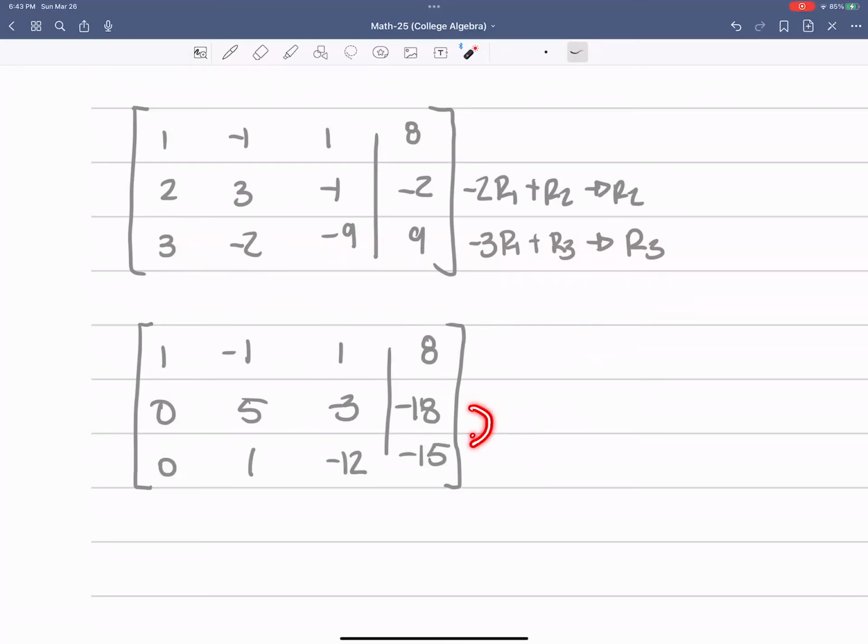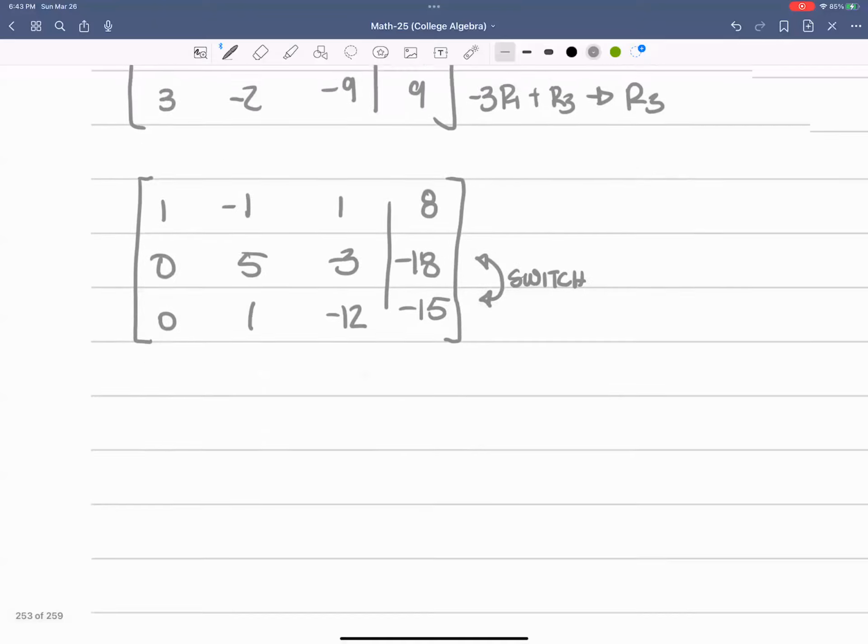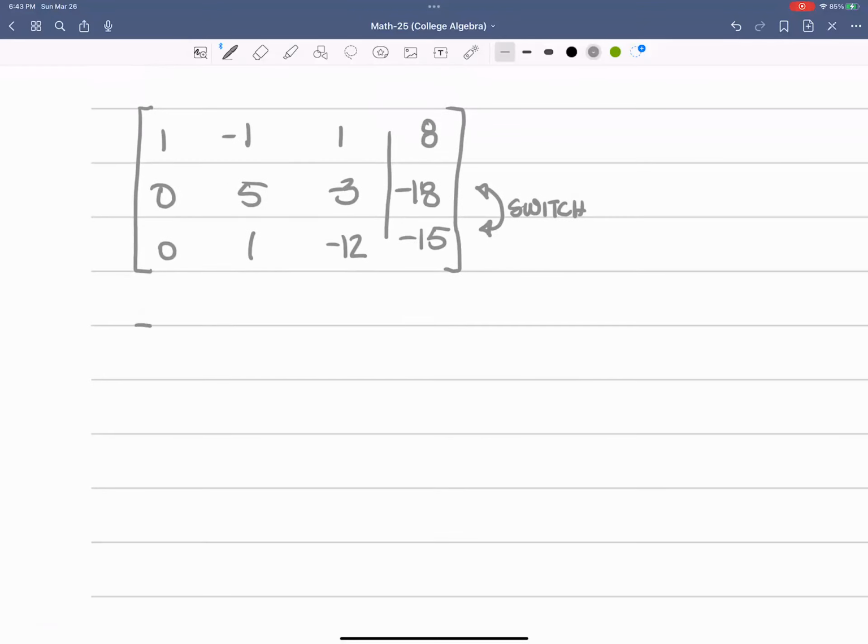So what I'm going to do is just switch these 2 rows, so that way we have a 1 where we need it, and it becomes our new working row. So we're going to switch these 2, so that way we have our 1 where we need it in column 2. So row 1, we're not doing anything to, so let's just rewrite that one.